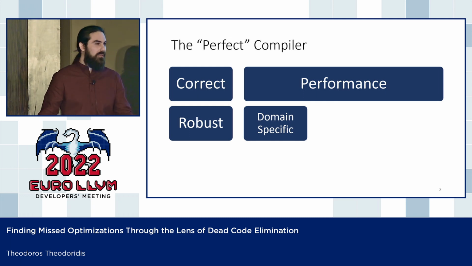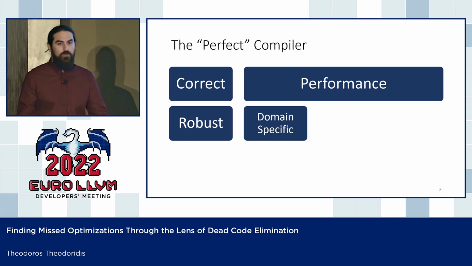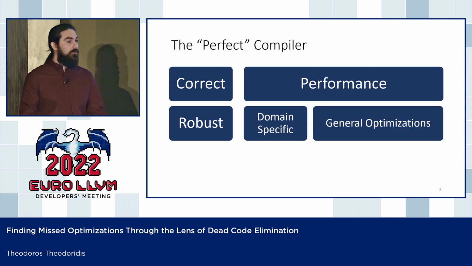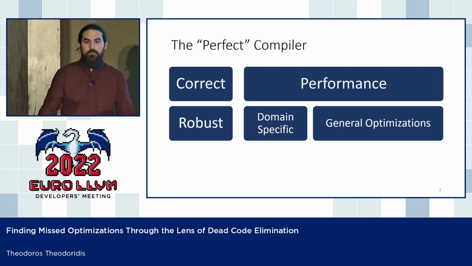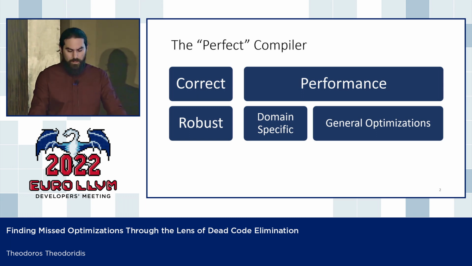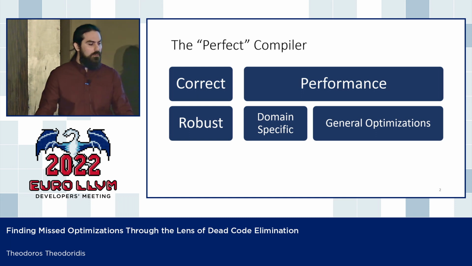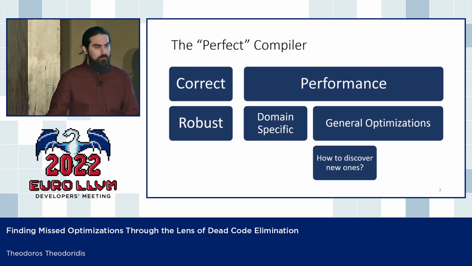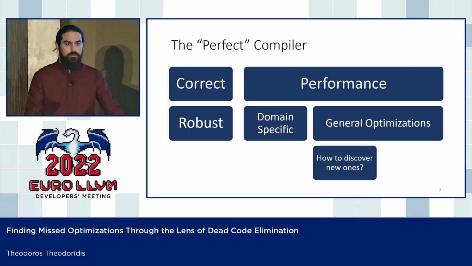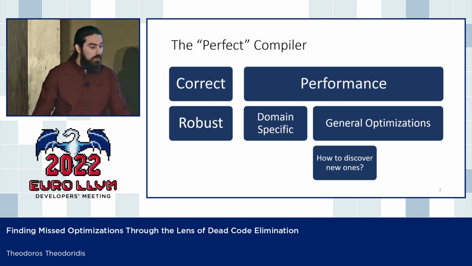But compilers like LLVM have to perform also very general optimizations, such as jump threading or various loop transformations or constant propagation. And there are a few questions here. First of all, how can we find new transformations or new optimizations? And ideas here include running a superoptimizer to find new InstCombine rules, for example.